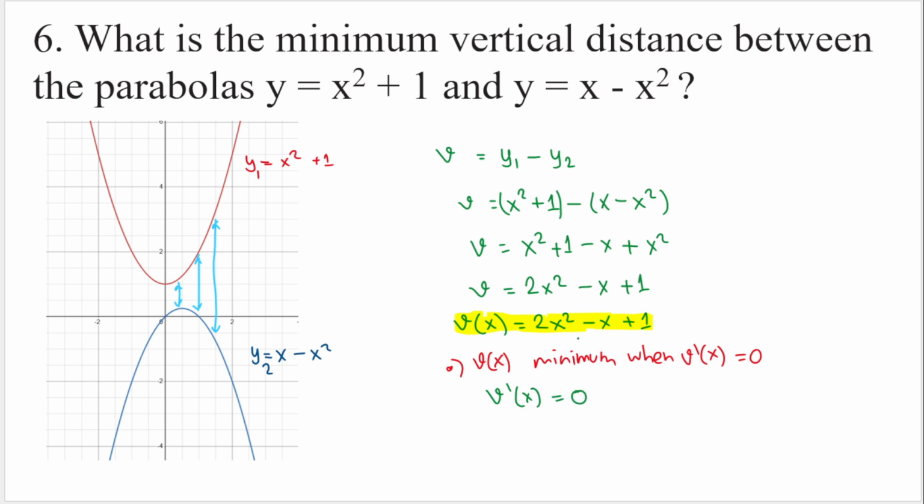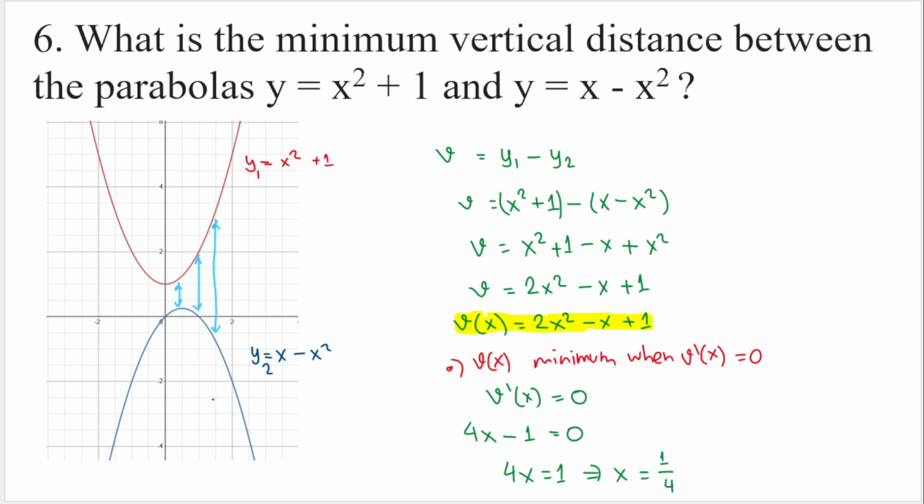Now we can take the derivative of this function by using the power rule. So for 2x squared, we will have 4x. And then minus x, the derivative of minus x is minus 1. And then I will have that equal to 0. So we will have x is equal to 1 over 4.